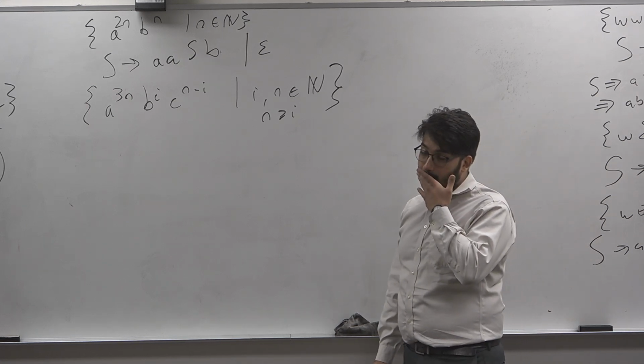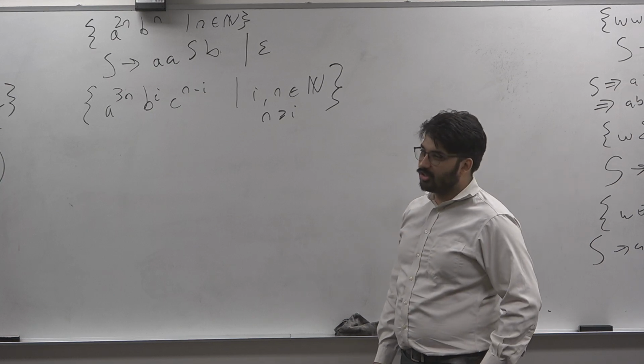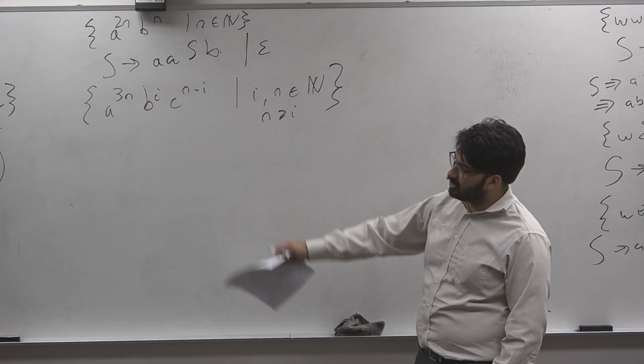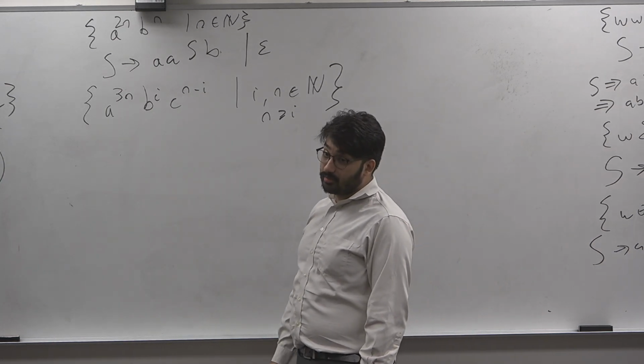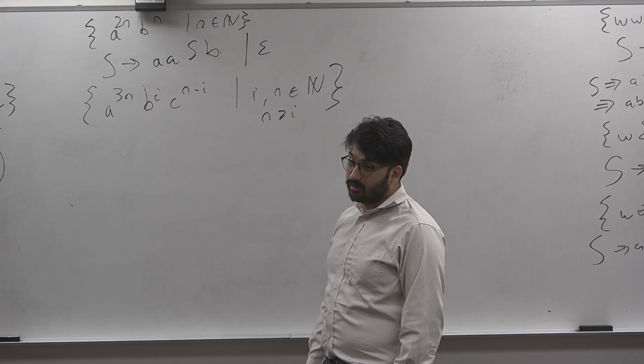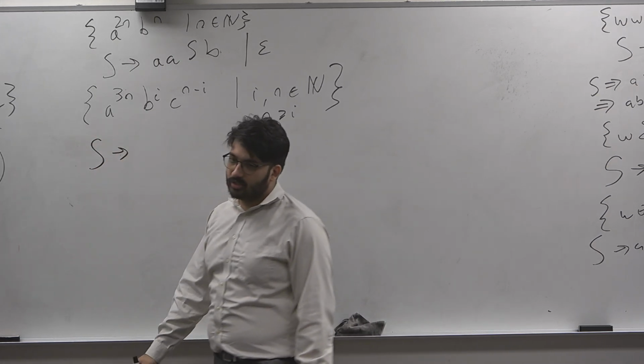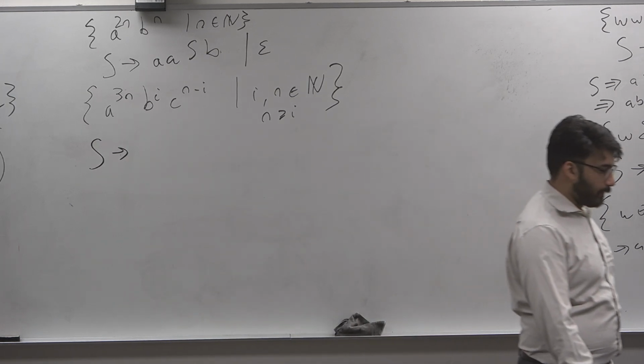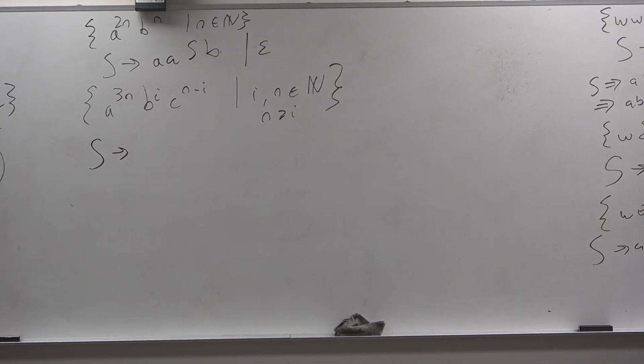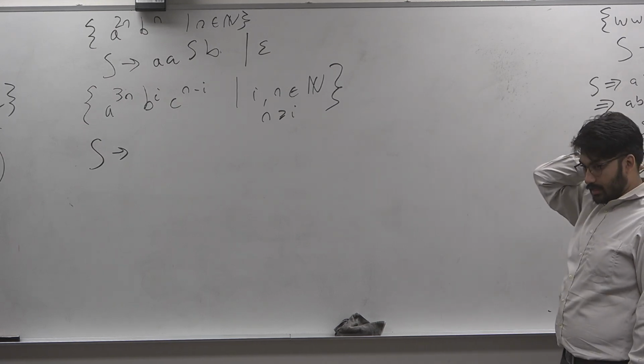Would you need another non-terminal to represent this? Well, this one definitely needs two non-terminals. I don't know how to do it with fewer. So let's begin though. What's the core idea at least? We do need two non-terminals. Can a non-terminal produce another non-terminal? That's absolutely allowed.